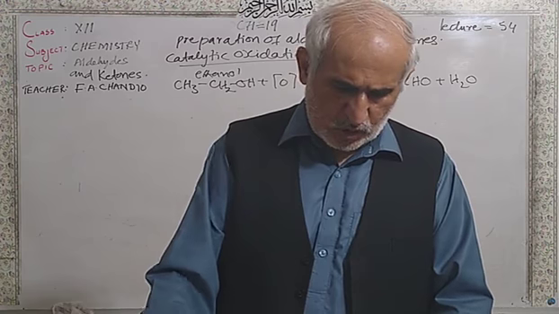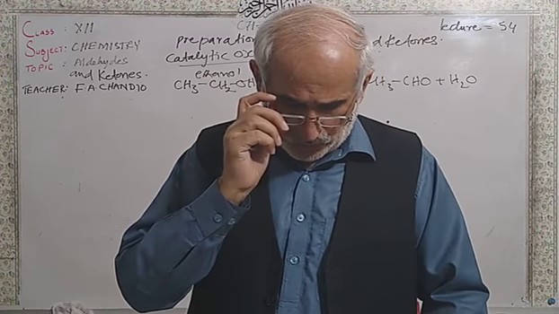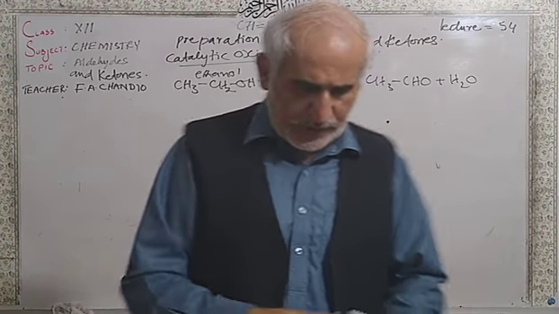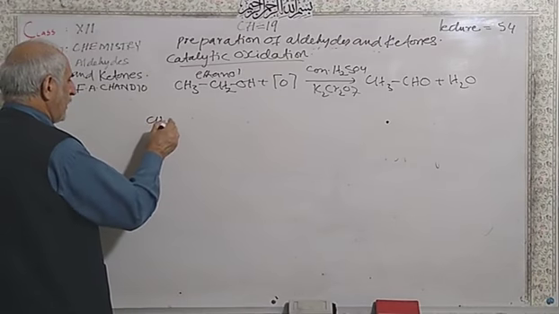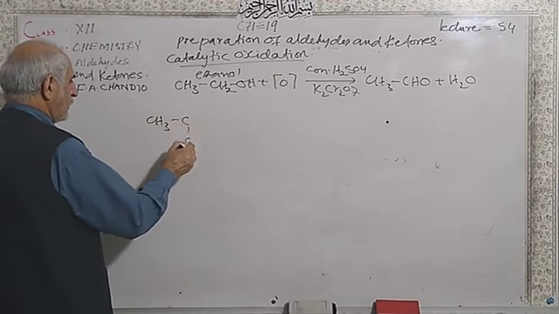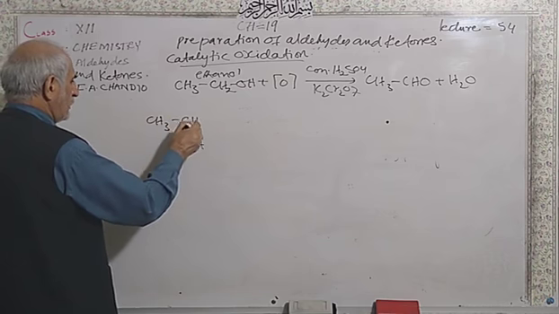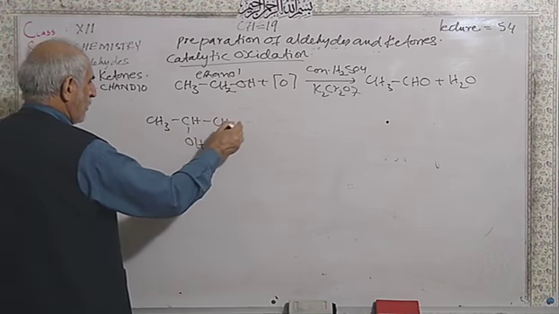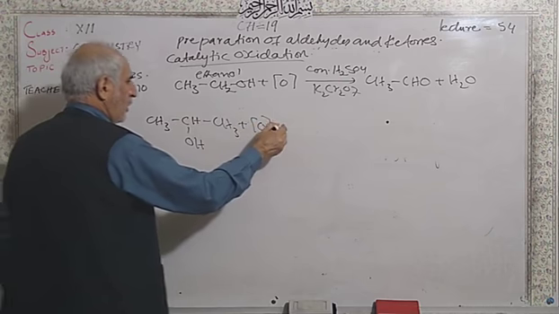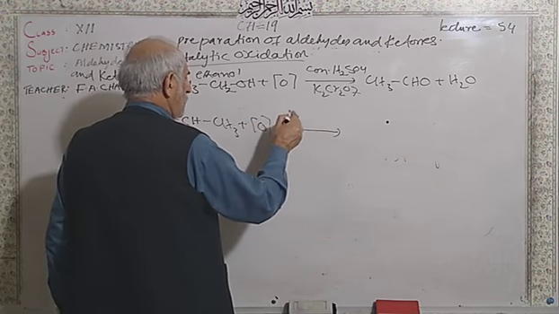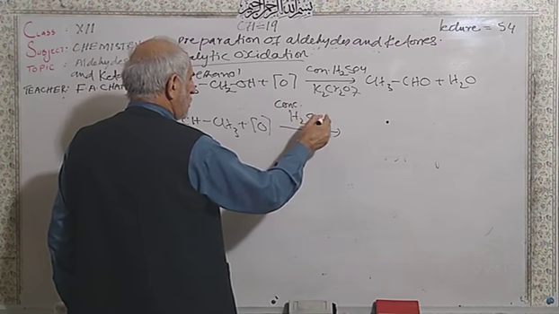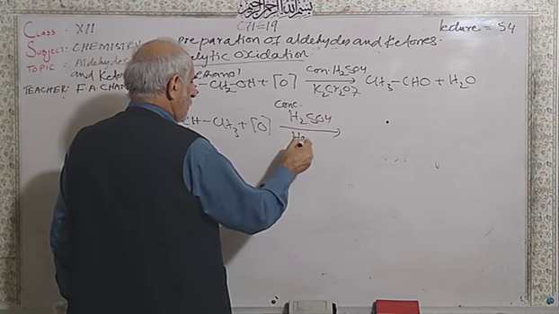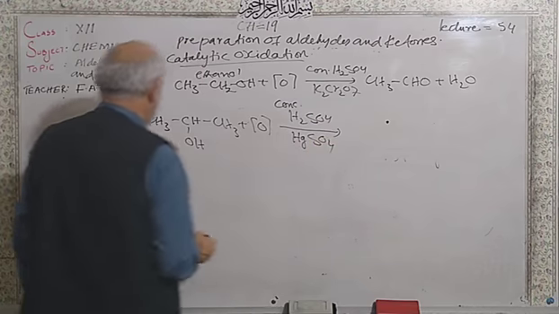You can also form propanol, and secondary alcohols give ketones. Concentrated sulfuric acid, with mercury sulfate as a catalyst.